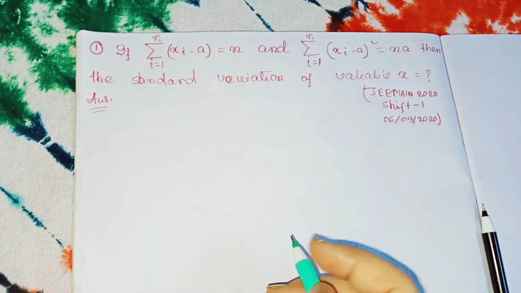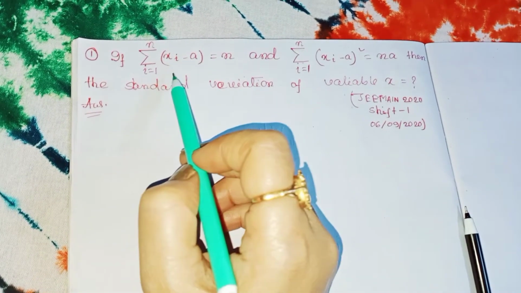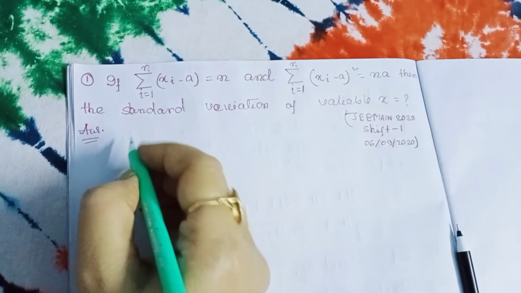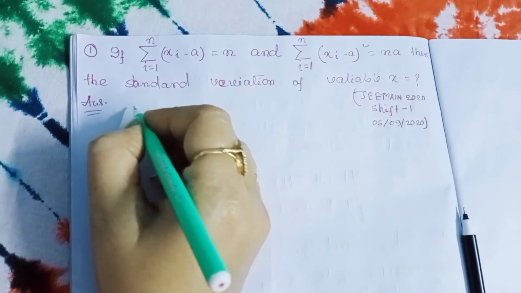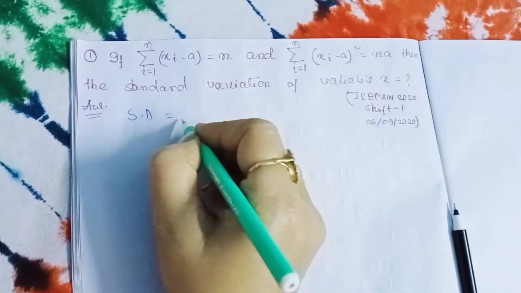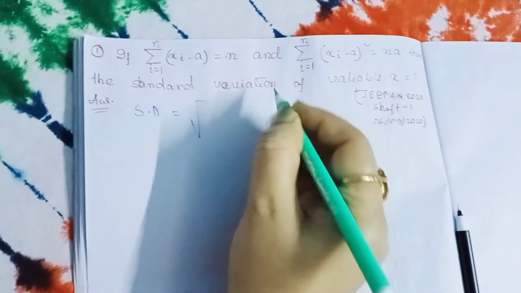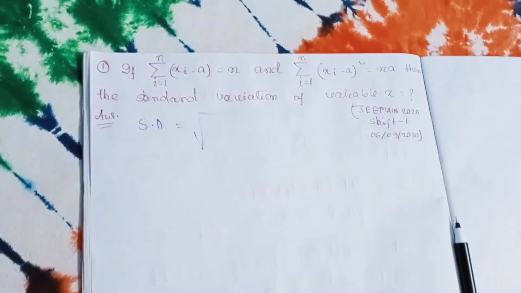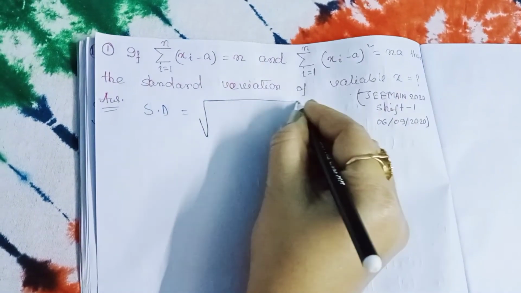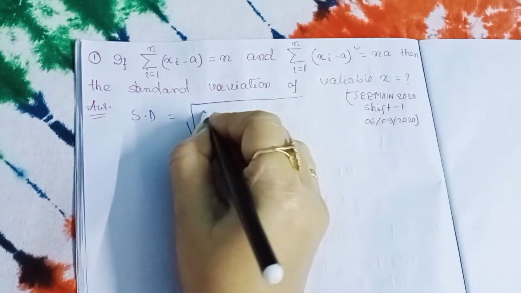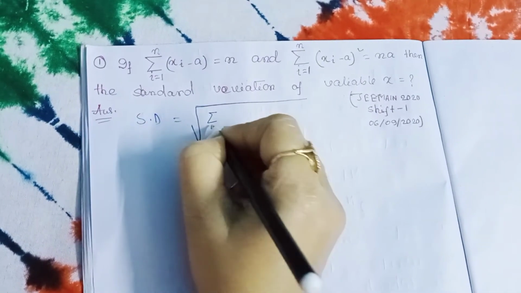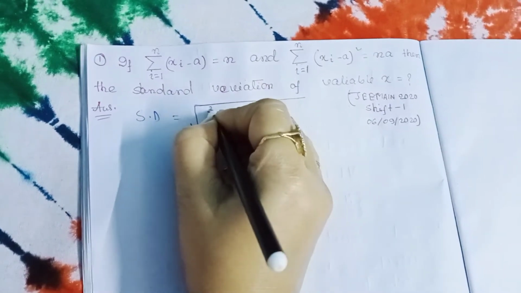At first, two summations are given here. So, we know the standard deviation SD is equal to under root of summation i equal to 1 to n.